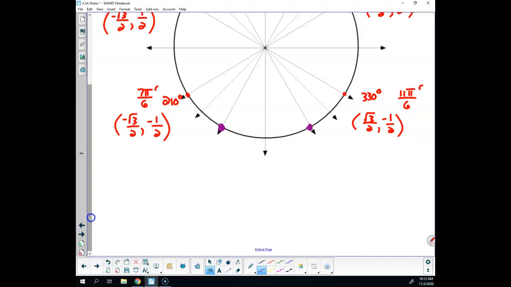Okay, so that's straight out here. That's not going to help me. We've already found that one. Add 60 more degrees, so that puts me at 240 degrees, or 4 pi over 3 radians. Which would put me at negative 1/2, negative square root of 3 over 2.